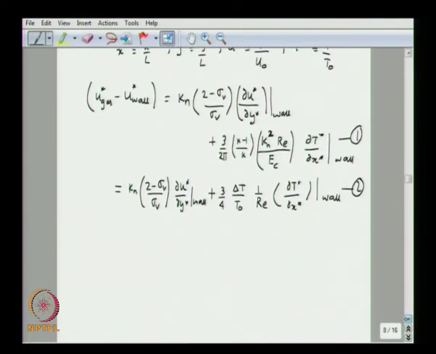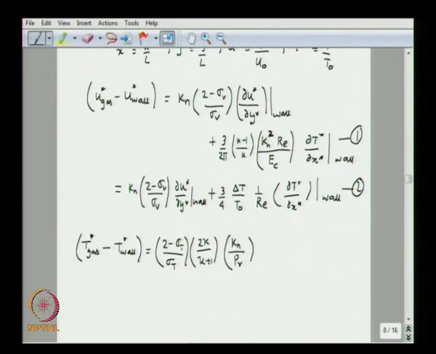Similarly, we can write the temperature jump boundary condition in this case. T gas minus T wall will be equal to 2 minus sigma T over sigma T into 2 k over k plus 1 into Knudsen number over Prandtl number into delta T star over delta y star at the wall.